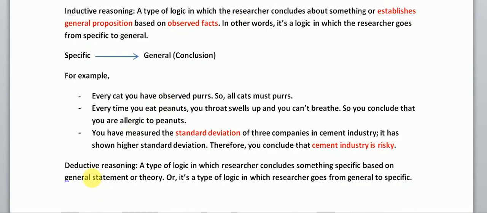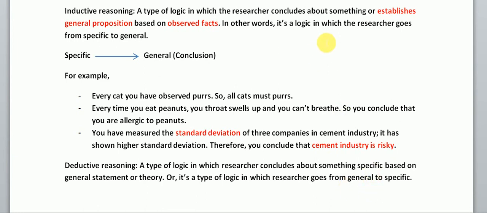But in deductive reasoning we are going opposite of that. Why? Because it is a type of logic in which the researcher concludes about something specific.